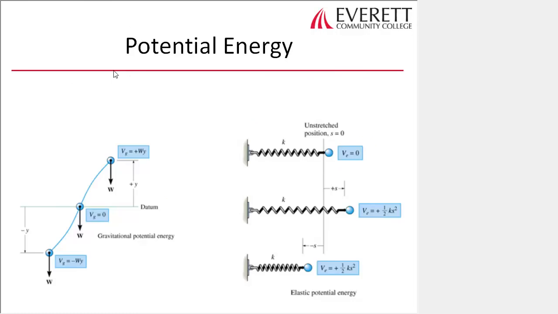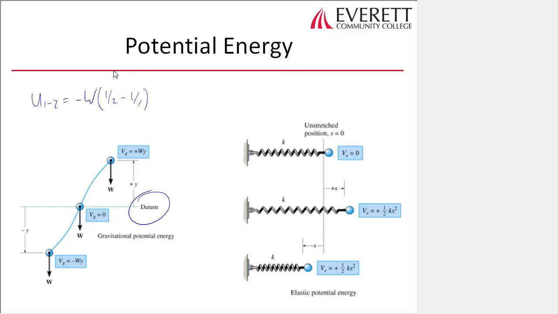So for potential energy, for gravity, we're always going to say that the work from 1 to 2 is equal to negative W, the weight, that W stands for weight, not work, times y2 minus y1. If we make the assumption that we have some datum that we're going to put right here, and we have to pick that datum, we're going to pick some datum of having 0 potential energy.